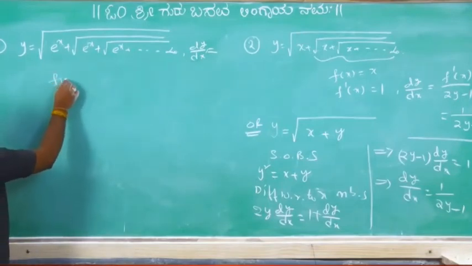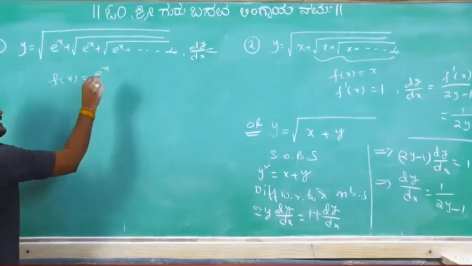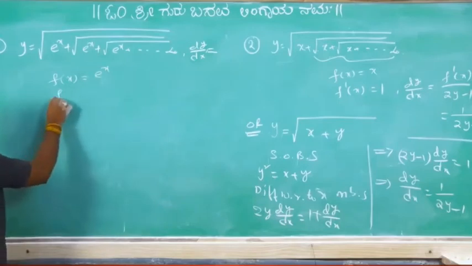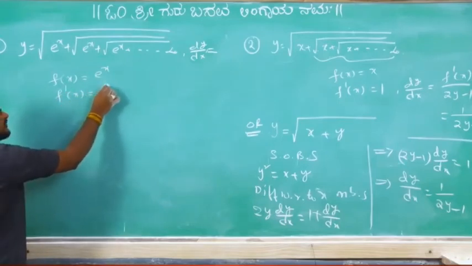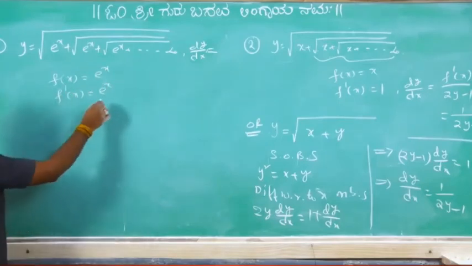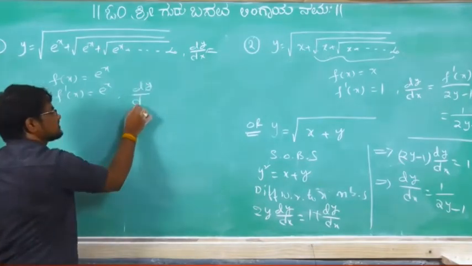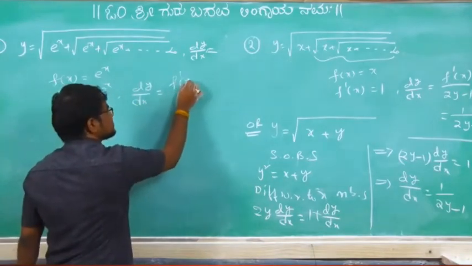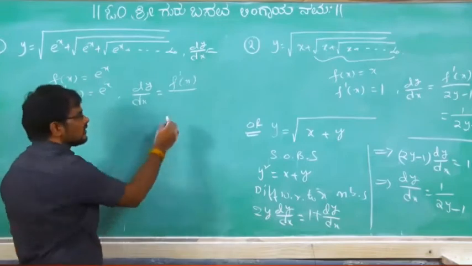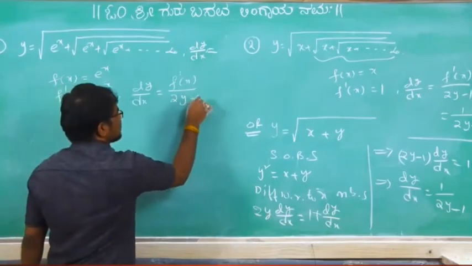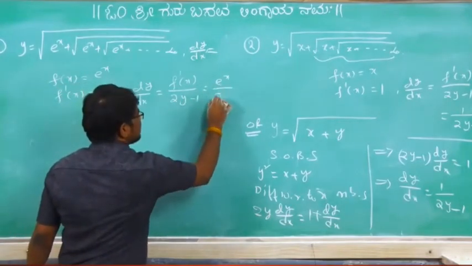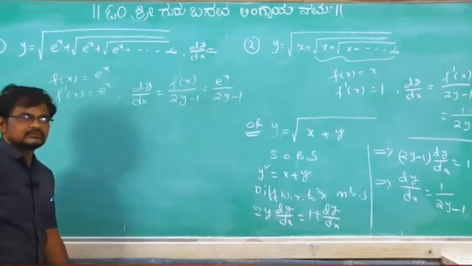Here f of x is e power x, and f dash of x is the same, e power x. So dy by dx is e power x by 2y minus 1.